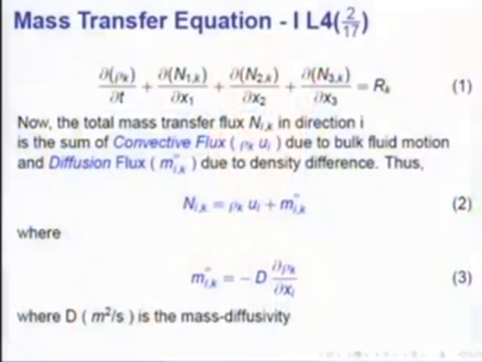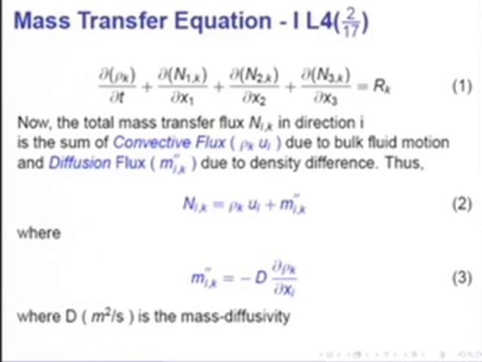So, just as in convective heat transfer, you know that the total flux of energy is given by the convective flux plus conduction flux, in mass transfer, we say it is the convective flux plus diffusion flux. D is called the mass diffusivity. It has units of meter square per second.